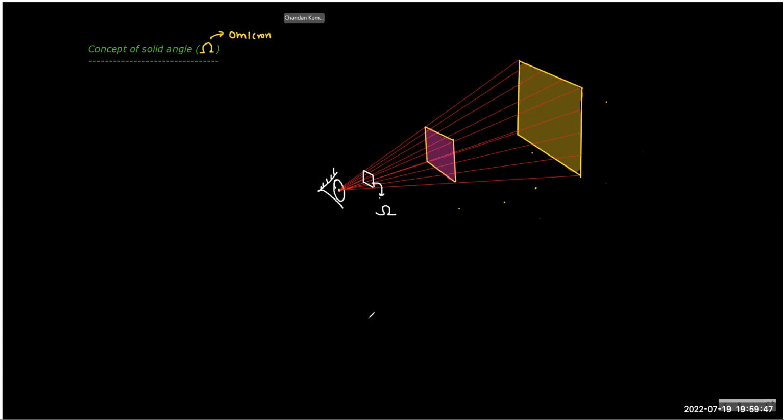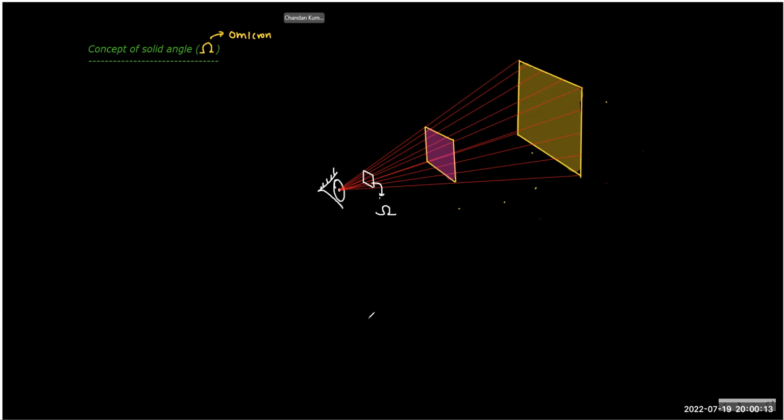Now, how to measure it? Of course, the angle measured will depend not only on the area but also on the separation from the point. You can see a smaller area closer to the eye is capable of subtending the same angle as a bigger area farther from the eye, isn't it? The concept of solid angle is so powerful that you can completely hide the sun using your thumb.